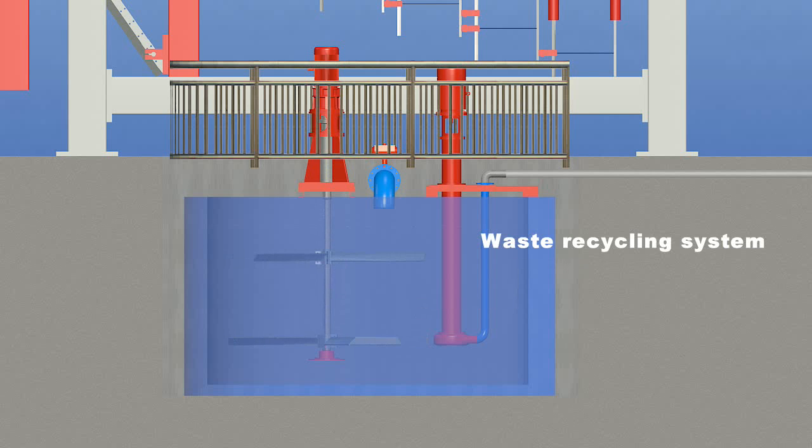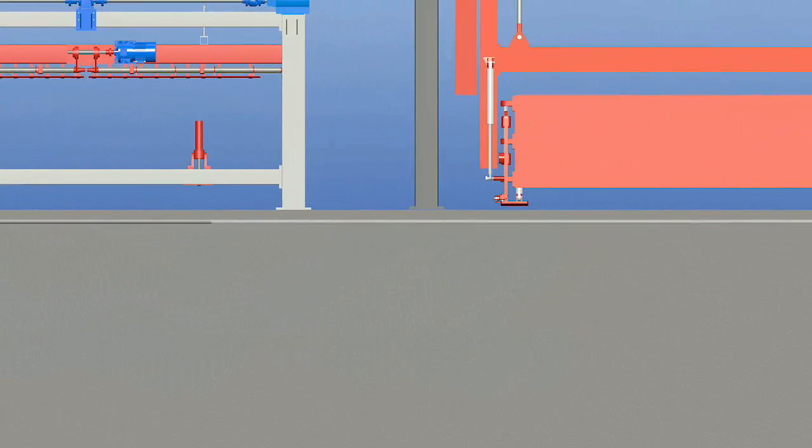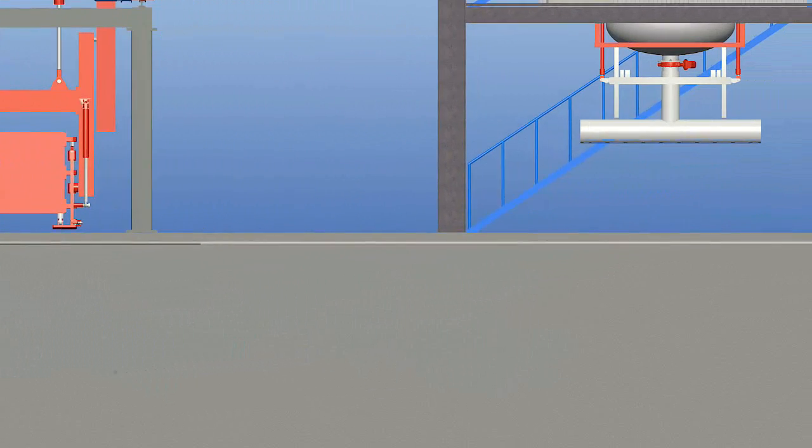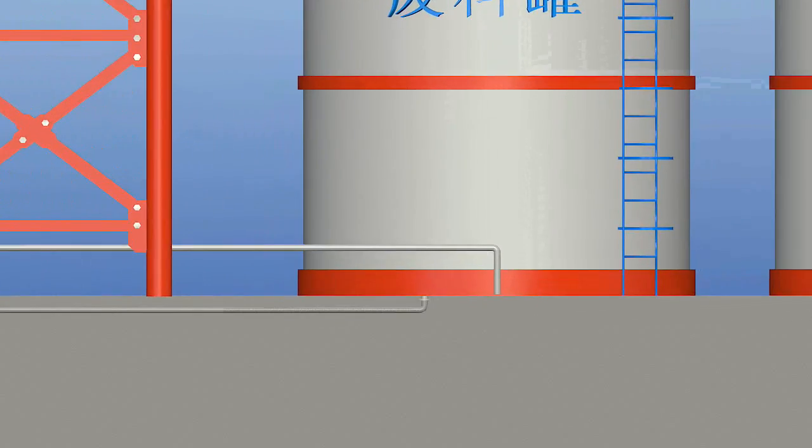We have environment-friendly and cost-efficient recycling systems, such as the top and bottom layers of the waste in the uplift and turn process can be recycled by the waste recycling system.